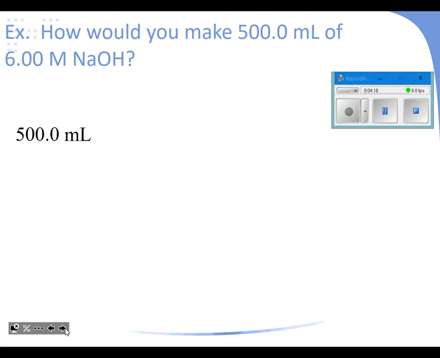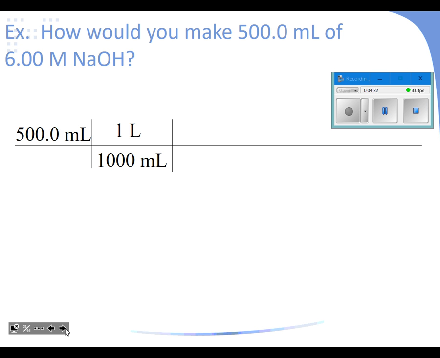So how would you make 500 milliliters of a 6 molar solution? First, we have to take 500 milliliters and change it from milliliters to liters. So we would divide by 1,000 to cancel out the milliliters. We're now in liters. We know that 6 molarity is 6 moles over 1 liter. That is the concentration. That's what that capital M stands for. So now we would be able to cancel out the liters.